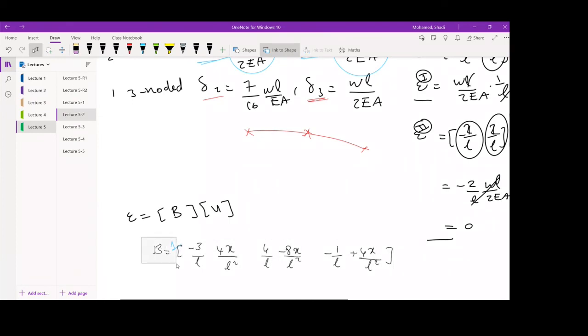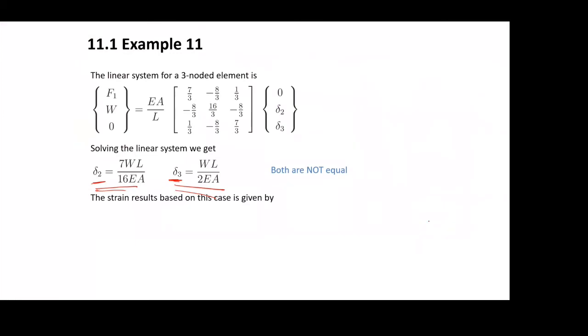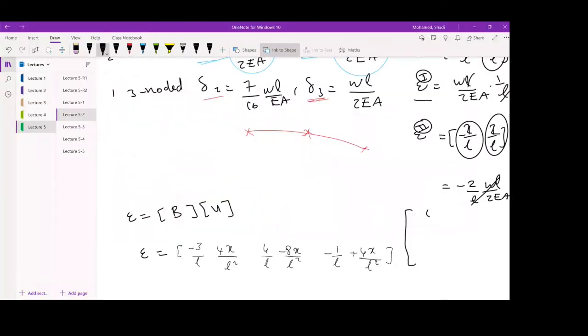And we remove this part here. And you see that epsilon is multiplied by the displacement. And the displacement we have in this case, I'm just going to go back here, is 0, 7 over 16, and then 1 over 2.